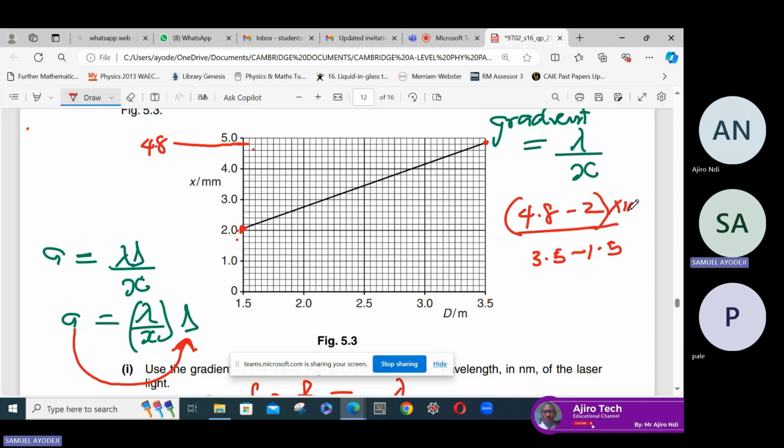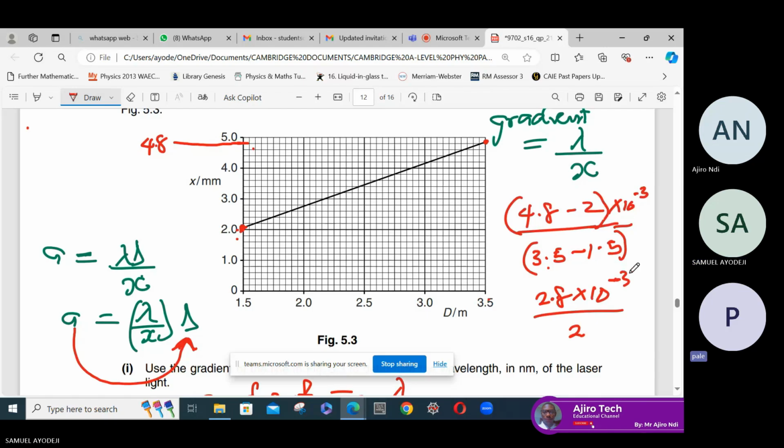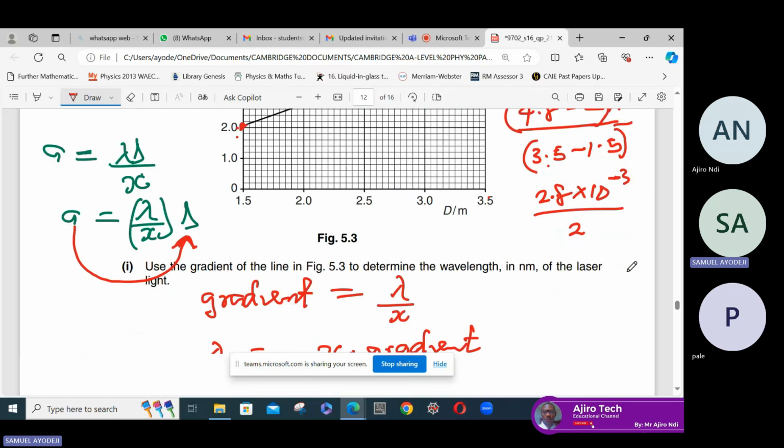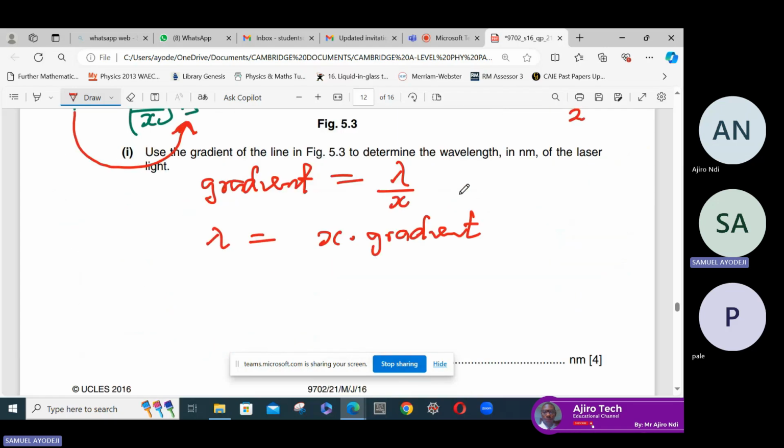That's power minus 3 for millimeter. This one is in meter, you don't need to convert. So 2.8 power minus 3 over 2, I think 1.4. So the gradient is 1.4 power minus 3.